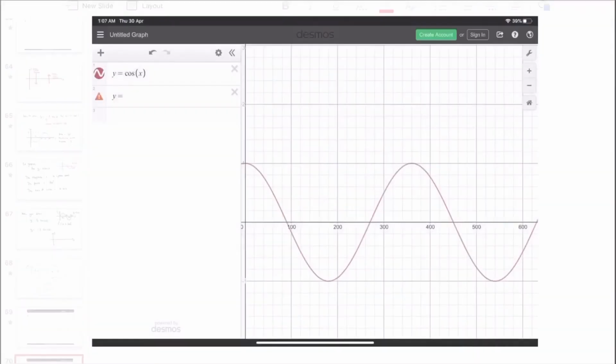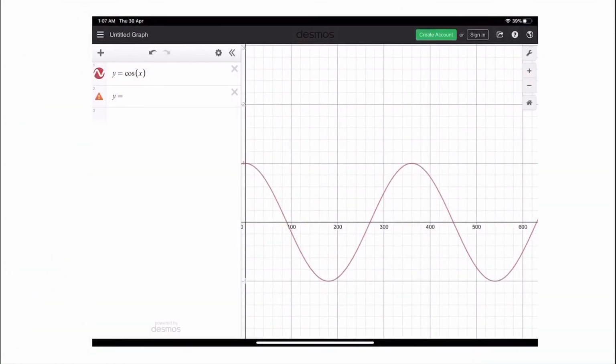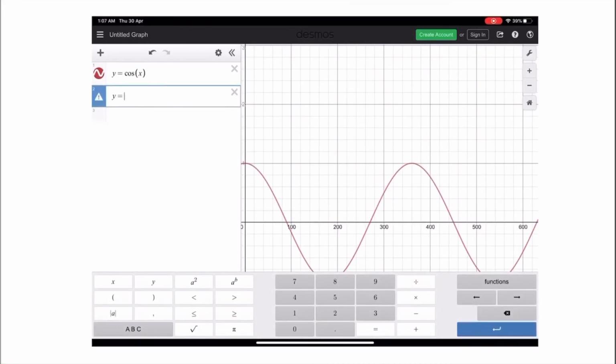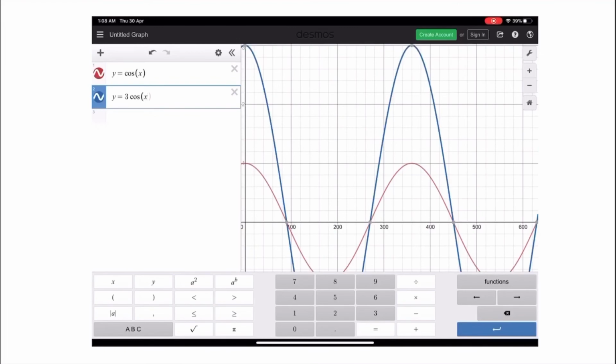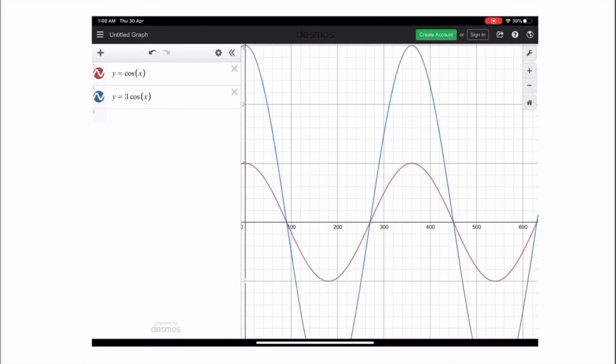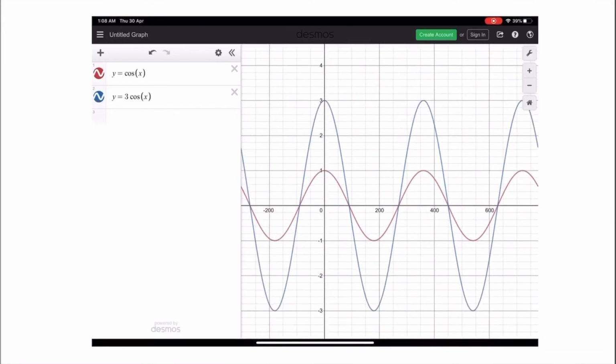So let's watch this video. This is y equals cosine x graph, the most basic one. See what happens when I draw y equals 3 cosine x. It becomes stretched in the vertical direction, same like sine x.